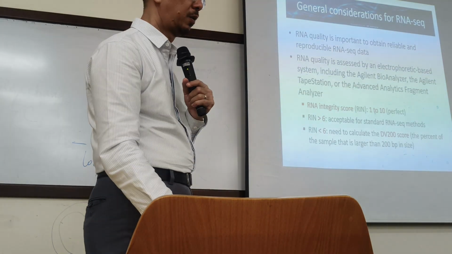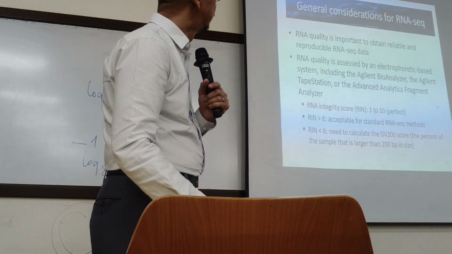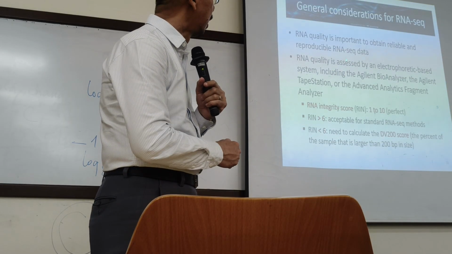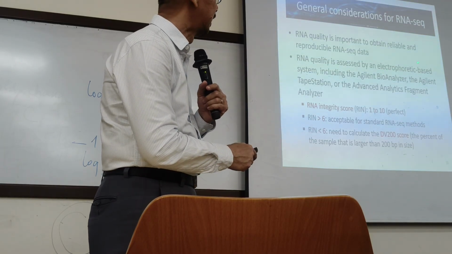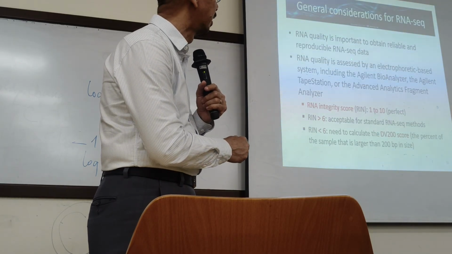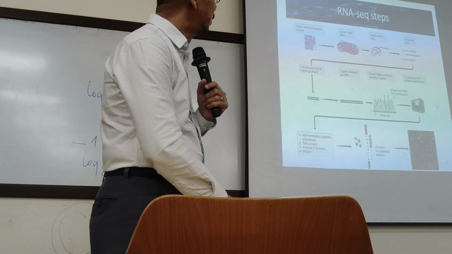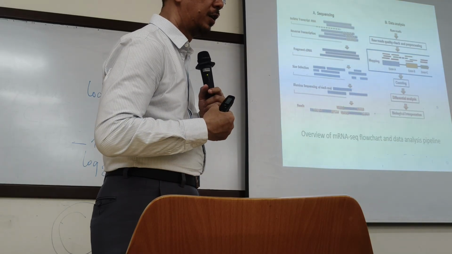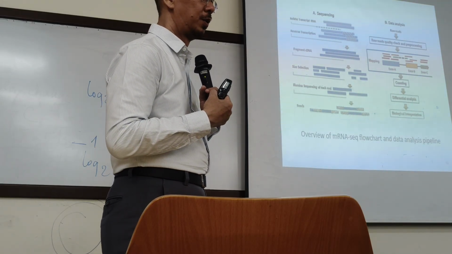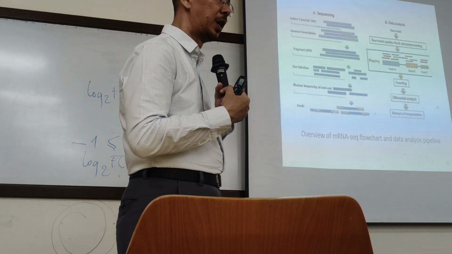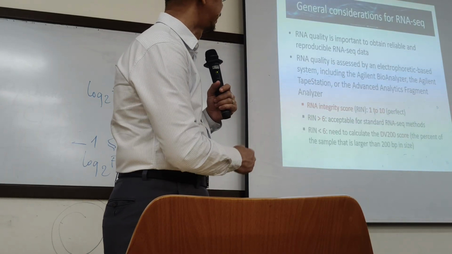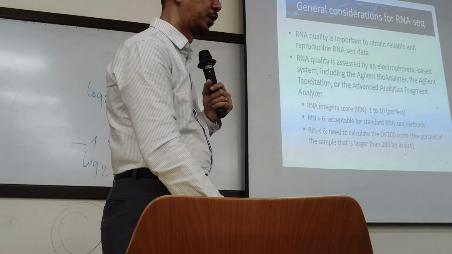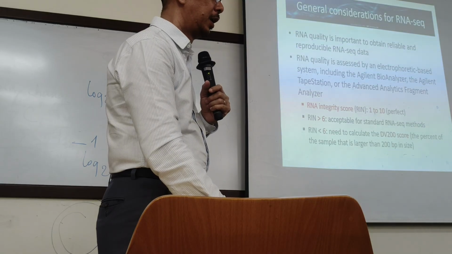Because we study with RNA, there are some considerations you need to know. RNA quality is very important to obtain reliable, reproducible RNA sequence data. Because when you sequence, the data you generate depends on the material, and the material here is RNA. Is the quality good enough for sequencing or not? And how do we know?